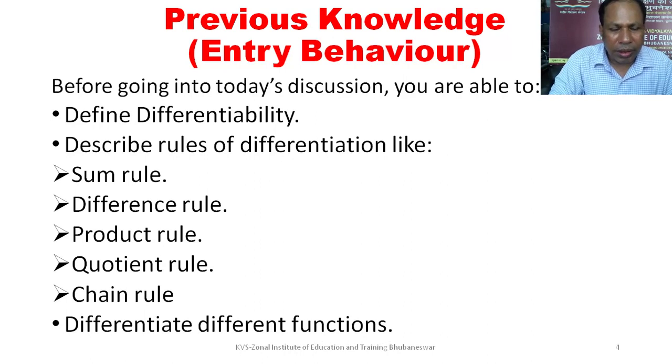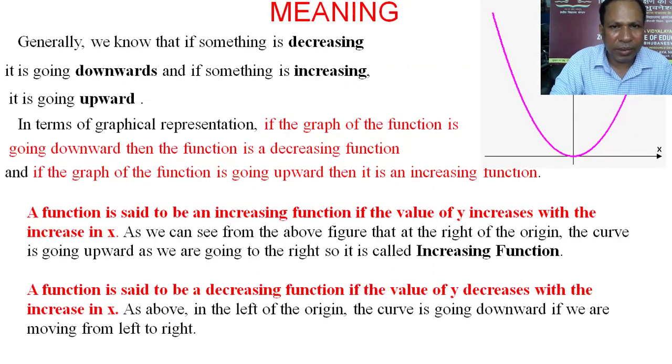Then you can differentiate different types of functions like implicit functions, modulus functions and some other functions, and the second derivative we are well aware of. So this differentiation you have learnt in chapter 5. Using this differentiation we will be solving the problems on increasing and decreasing functions.